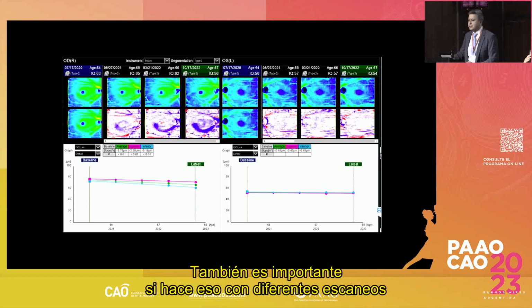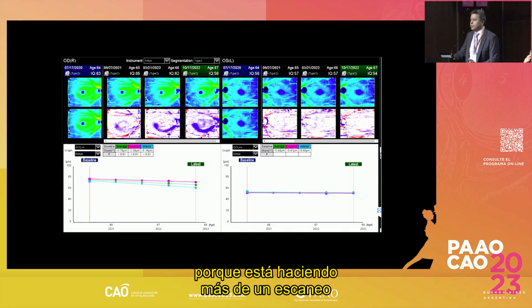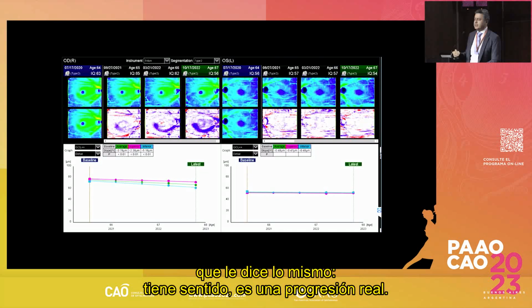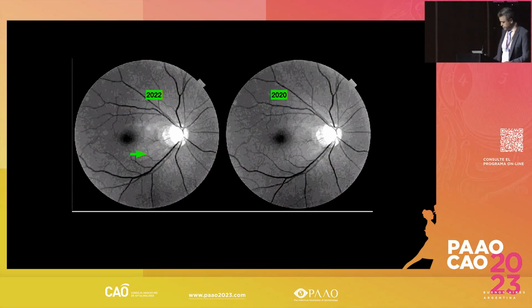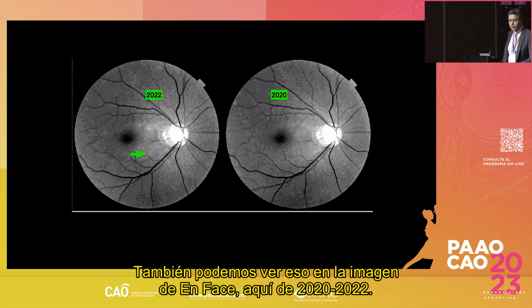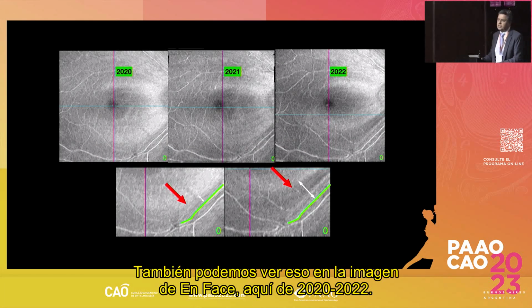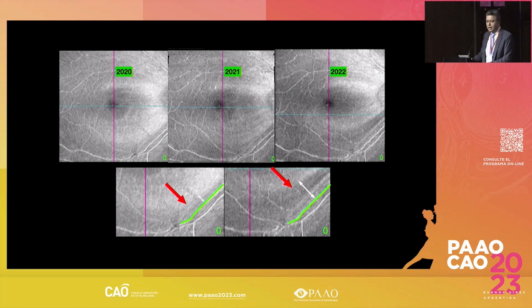And if you do that with different scans, it's also important because you're doing more than one scan telling the same thing. So again, it makes sense, it's a real progression. And we are able to see that also in the Topcon image that you can see from 2020 to 2023.